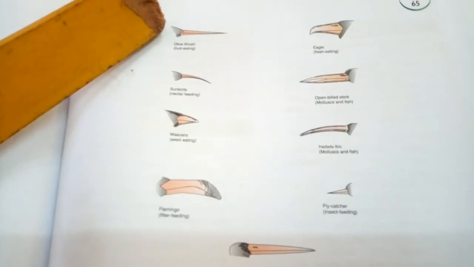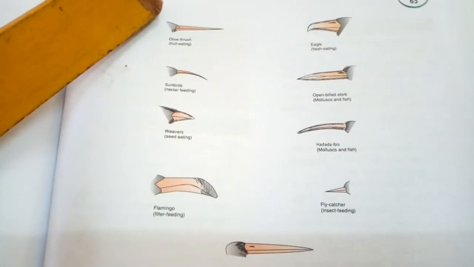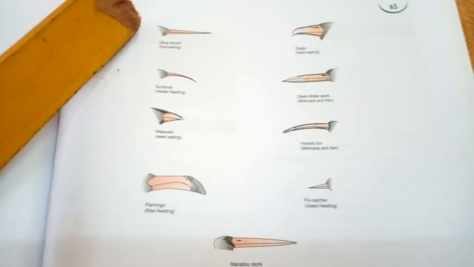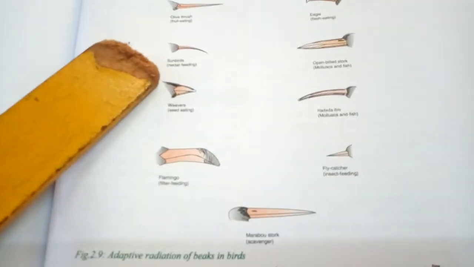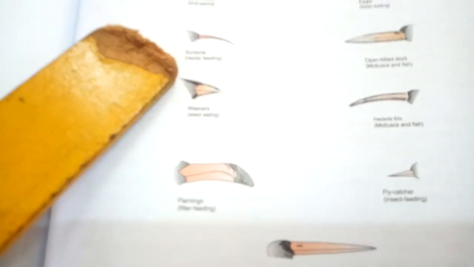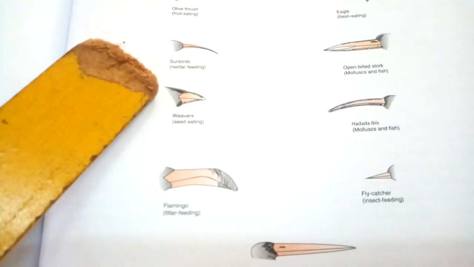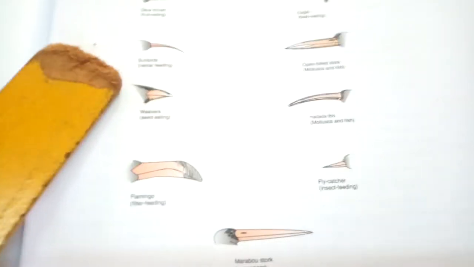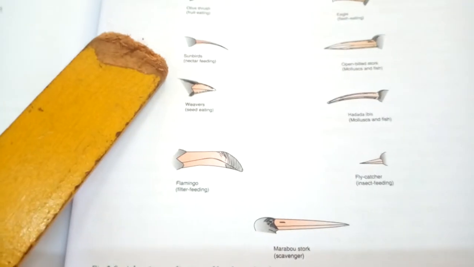What are the modifications? The beak is long, narrow, and sharp. The next bird is the sunbird. Adaptation, nectar eating, that is what they feed on. Adaptation of the beak: long, narrow, curved, sharp.